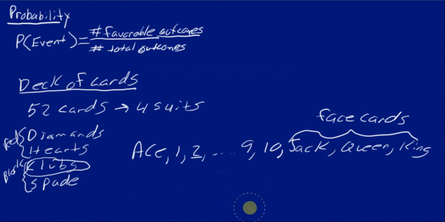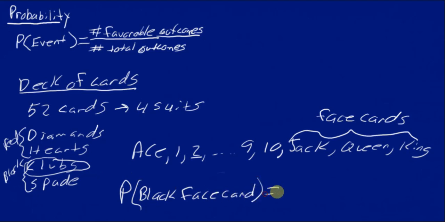I think I only need to do one more example for you and then tell you about one of the problems on your homework because it's a little tricky, but I'm going to give you a little hint and see how you do. I'll do it for you if need be. So let's see the probability of a black face card. All right, so let's do the easy part. We know that if we're picking one card at random, there are 52 possible cards that I can pick.